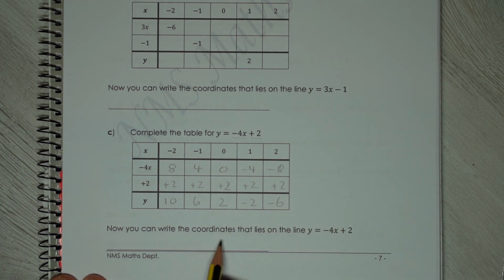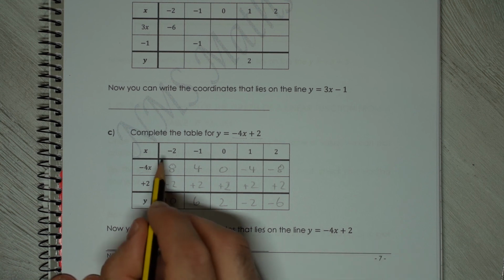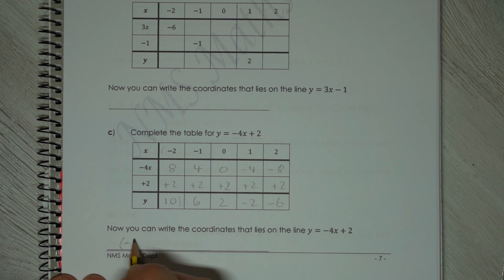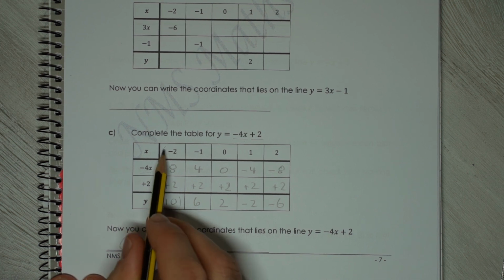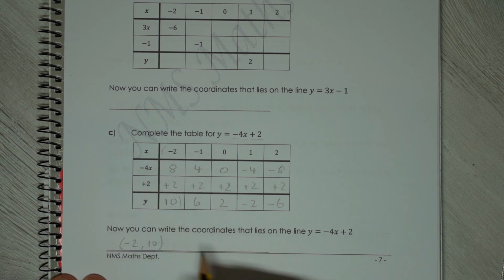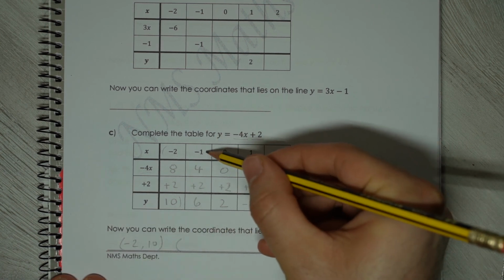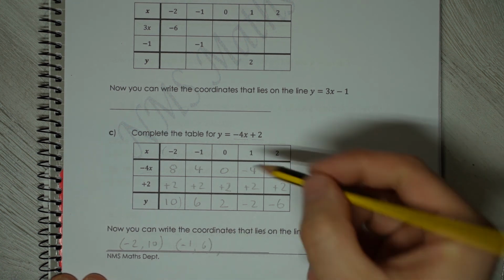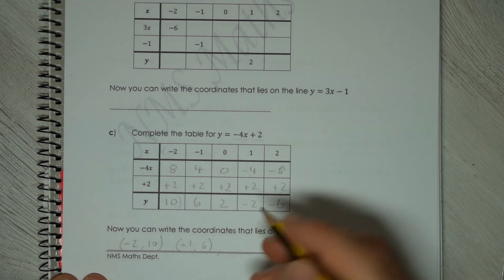Now you can write the coordinates that lie on the line y is equal to minus 4x plus 2. Of course, we can write them down. We have minus 2, comma 10, the first coordinate. When x is equal to minus 2, y is equal to 10. Next coordinate, minus 1, comma 6. Next coordinate, 0, comma 2.